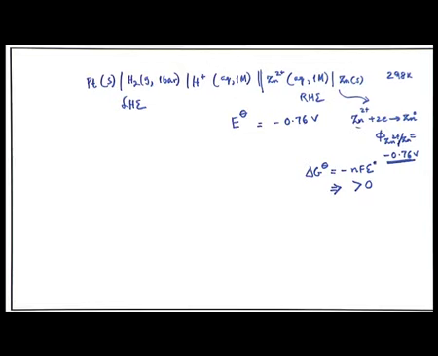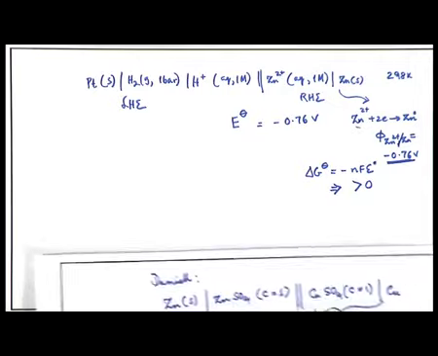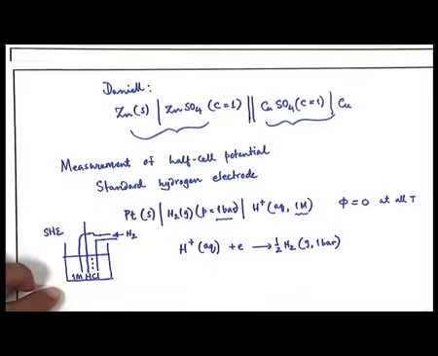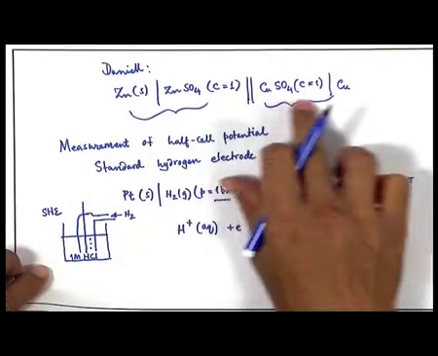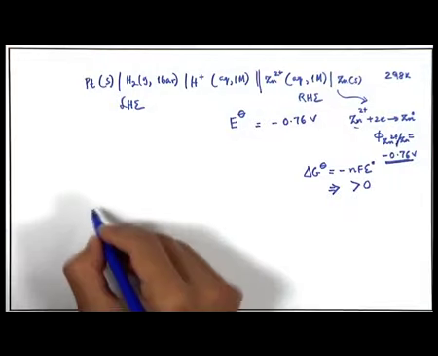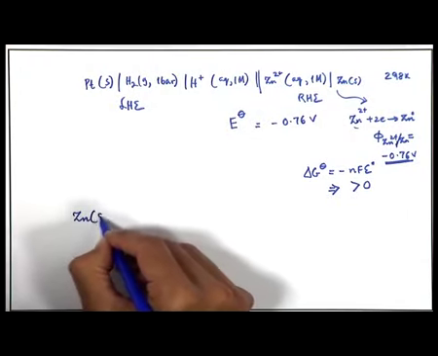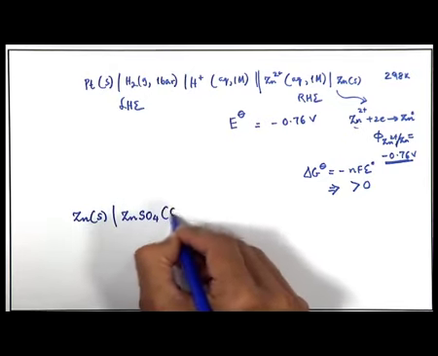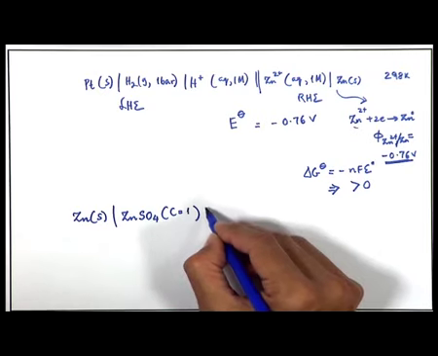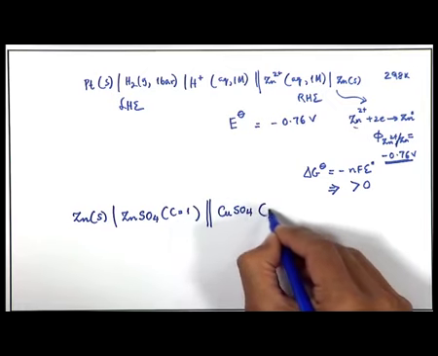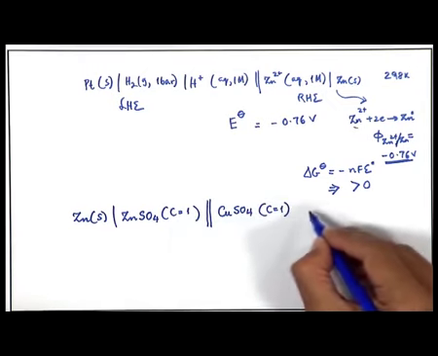If you couple like this Daniell cell, zinc solid, zinc sulphate with concentration 1, CuSO4, Cu.